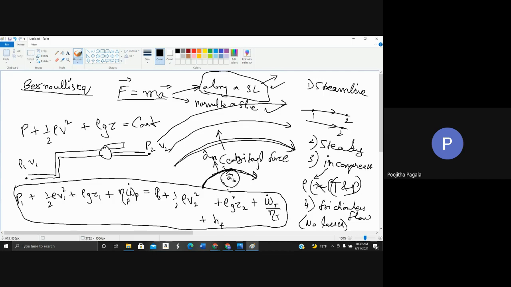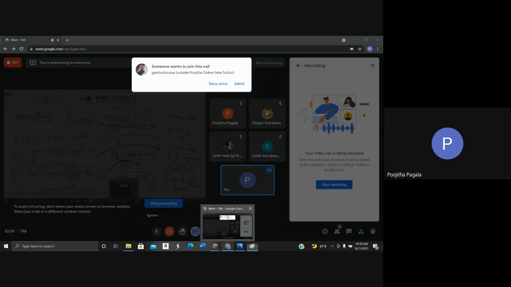This term accounts for the pump, with the energy which is input to the system or input to the fluid by the pump. And always remember units are very important. WP is the work input or power input.